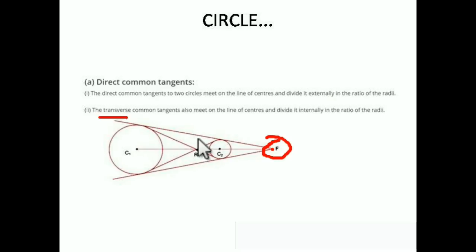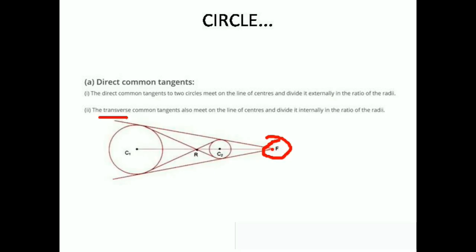If the division is internal, then the ratio is greater than 0, and if it is external, then the ratio is negative, that means less than 0. Just remember this. We are going to solve problems on that, but today just make a note: direct common tangents divide the line of centers externally in the ratio of the radii, and transverse common tangents divide it internally in the ratio of the radii.